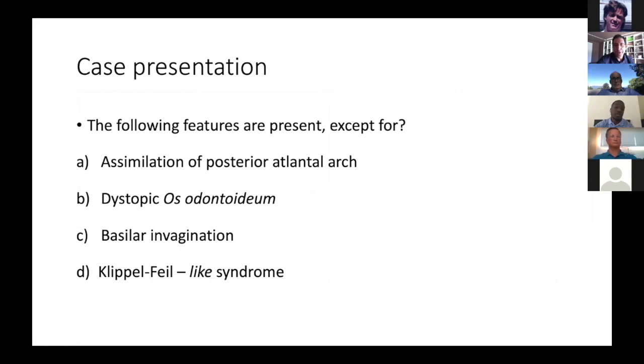So based on those radiological findings, the following features were all present except for one. Which do you think it is, Dr. Oscar? Yes, please go. People can vote now. The following features are present except: atlas assimilation, C1, dystopic odontoideum, basilar invagination, clival angle.